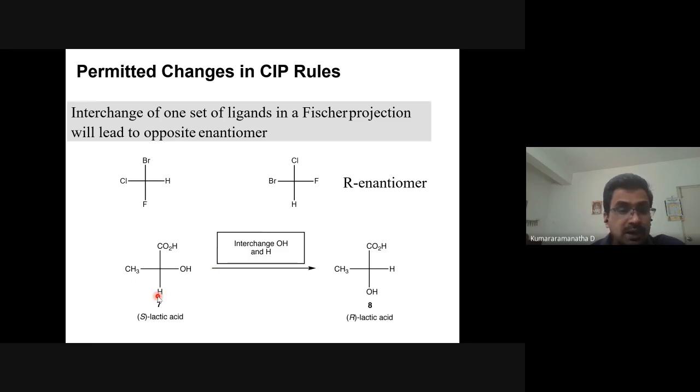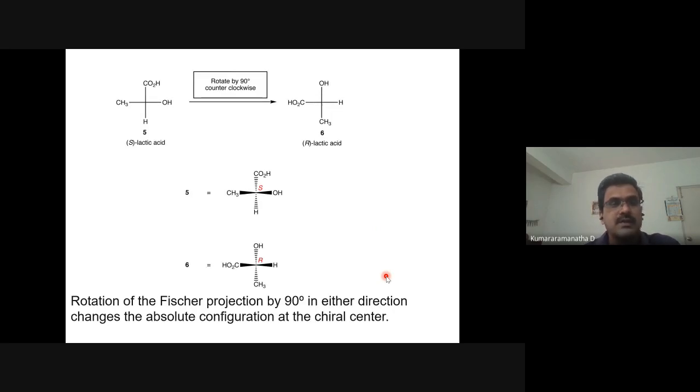Now what you do, interchange OH with H. Okay, if you do, you get R, because you see CH3 and hydrogen are coming towards you, so then it becomes R kind of assignment. Okay, it becomes the R enantiomer.